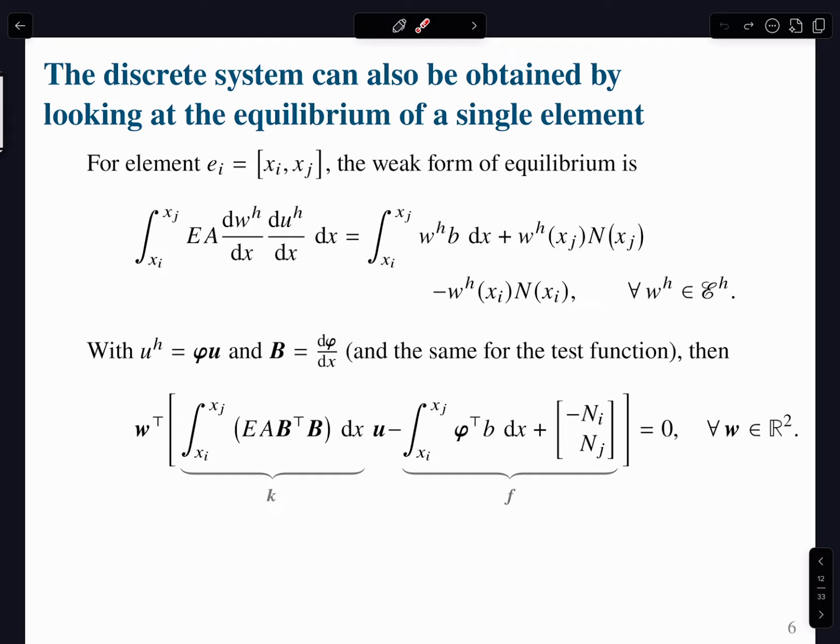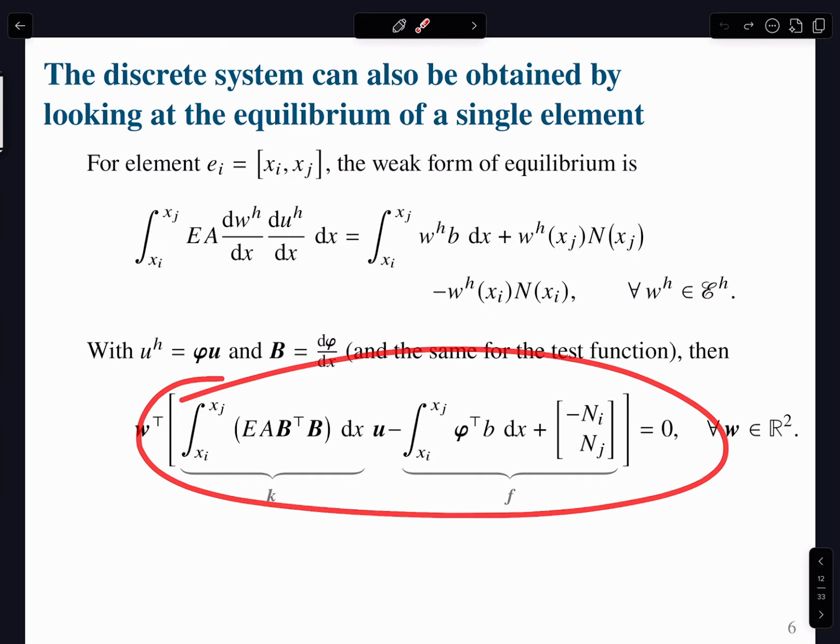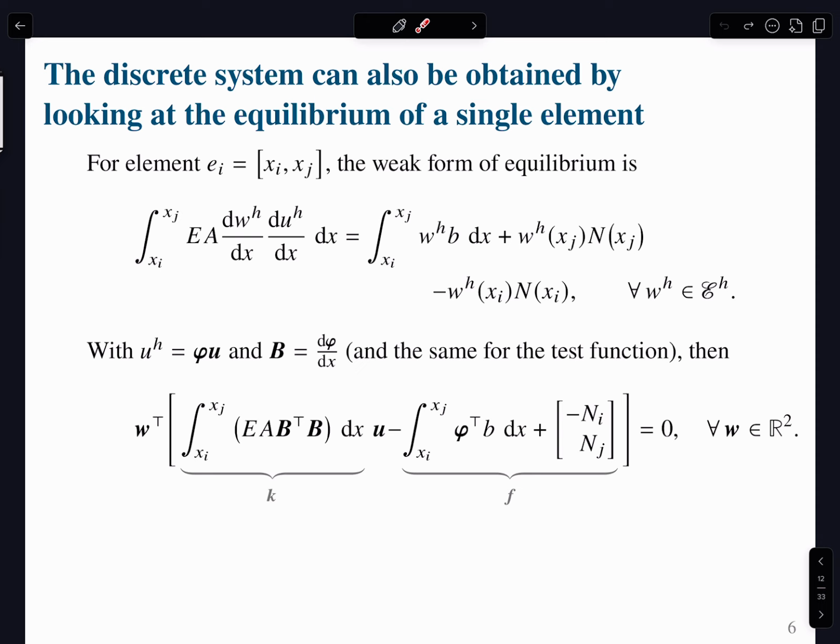Then I get this expression that you see here, right? I just simply put UH here, the same for WH, and then I put these guys here, and then I get this expression here. And again, now I am at one bar. In one bar, one element, I have only 2 degrees of freedom.